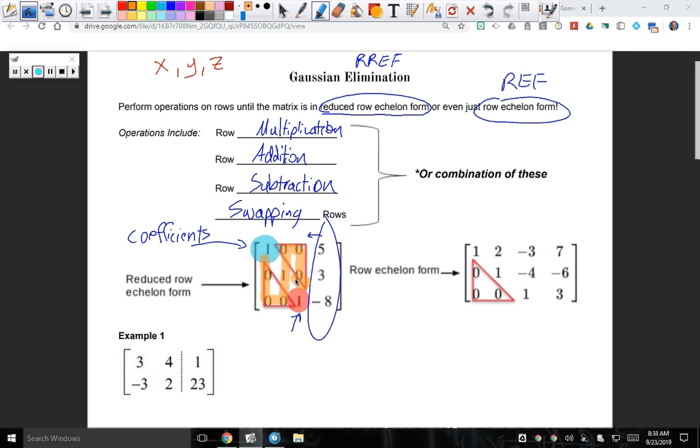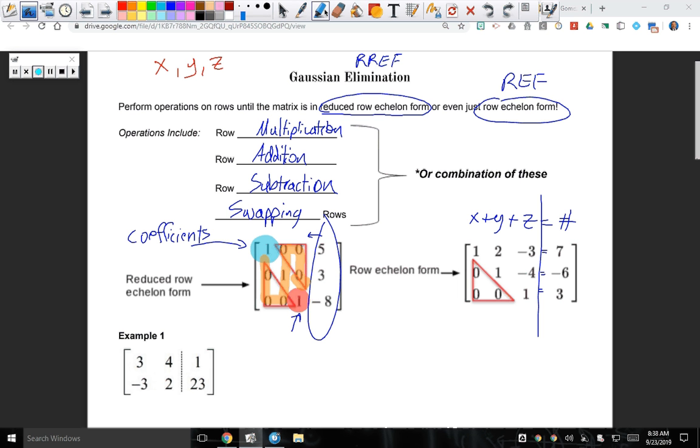In row echelon form, where you could still have like x plus y plus z is equal to some kind of number over here. If you were to kind of envision this of what we did last class, there's the equal sign, to where all of those to the right are the numbers that they're equal to, and everything to the left are the variables. Okay?